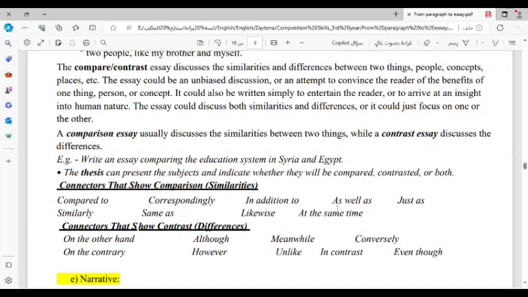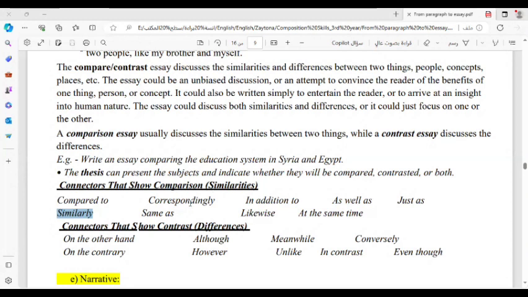For example, we can have this word as an example: the word similarly. For example, we can say, "Both the education in Syria and Egypt is free."